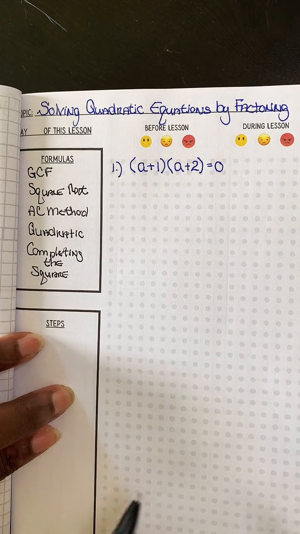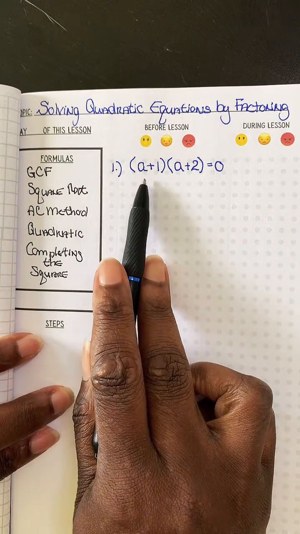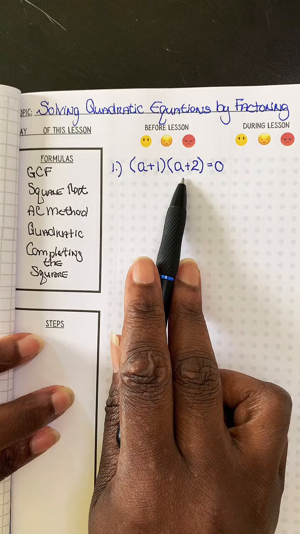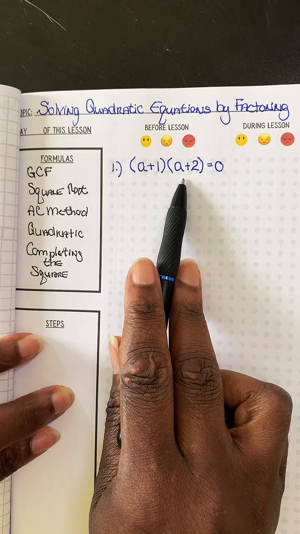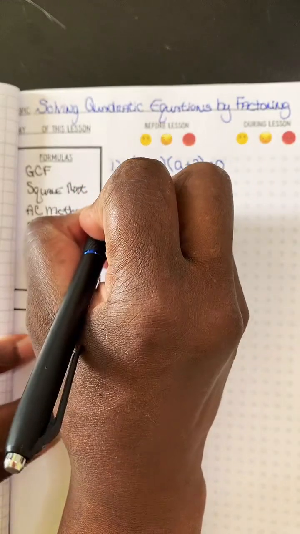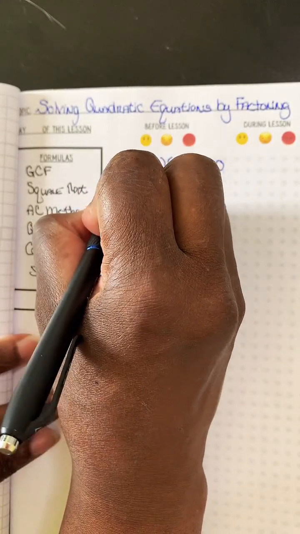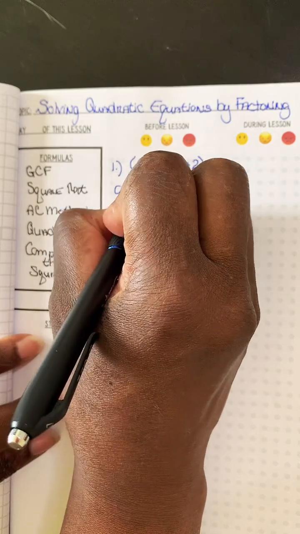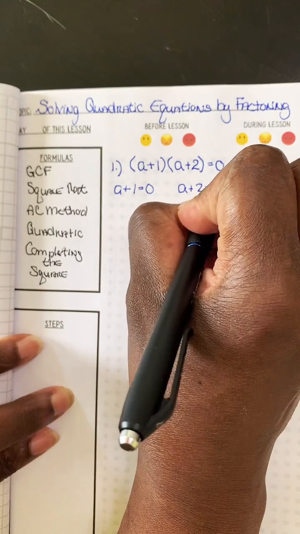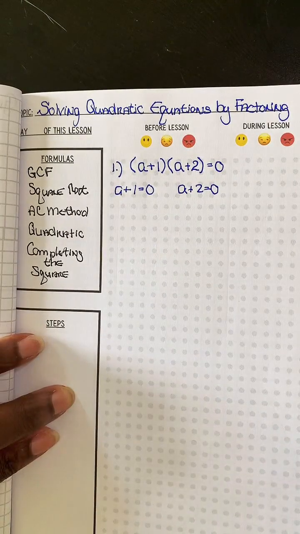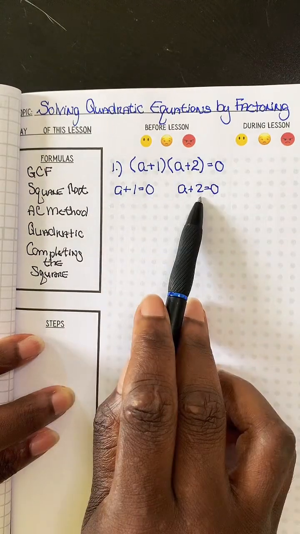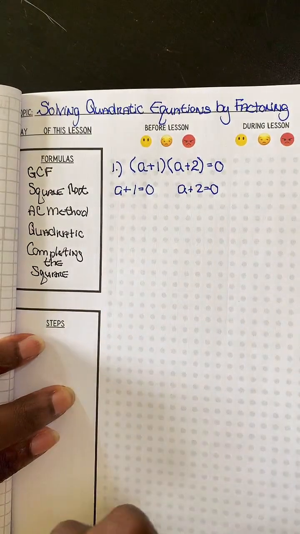All right. So if we take a look, anytime they give you two parentheses, it's already factored. Okay, so half the job is already done. So now all we have to do is take each of the parentheses and set it equal to 0. So when they already give you parentheses, just set each of those parentheses equal to 0 and then solve for your a.